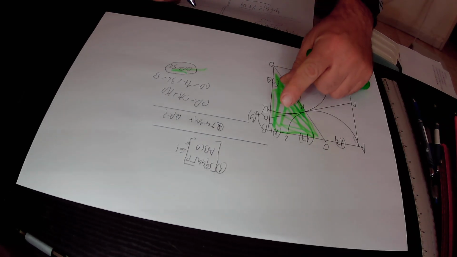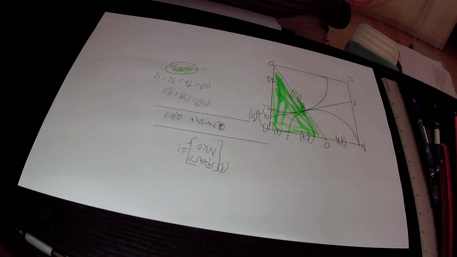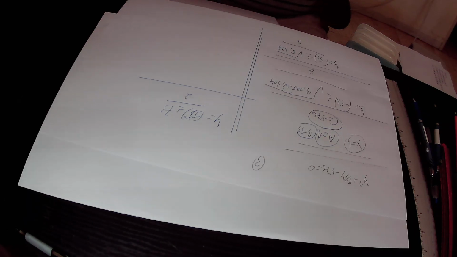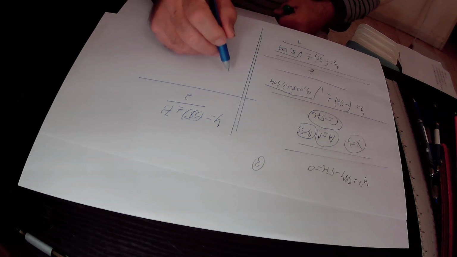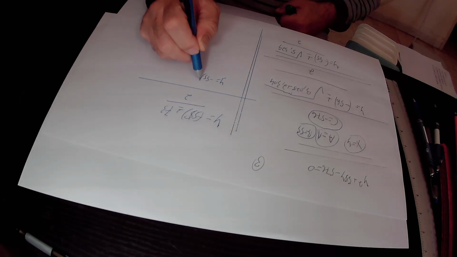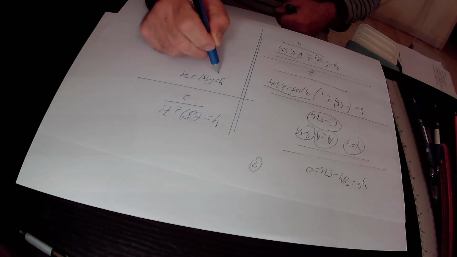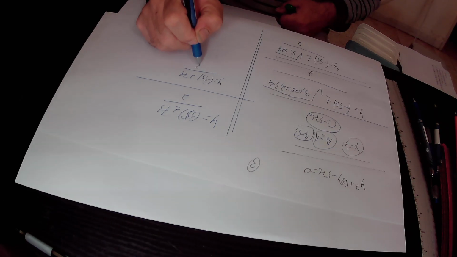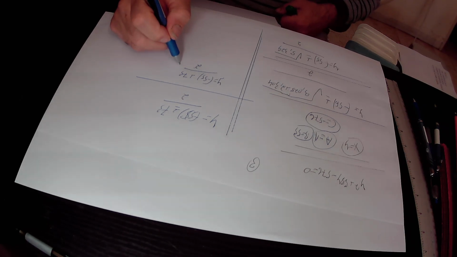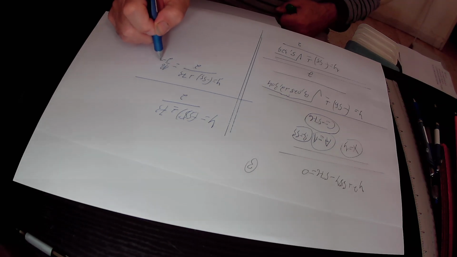Y is the length of this short line segment BL. So y is a length, it must be a positive number, so we take into account only the positive solution for y. The positive solution is y equals minus 55 plus 73 over 2. Minus 55 plus 73 is 18, and 18 over 2 is 9.